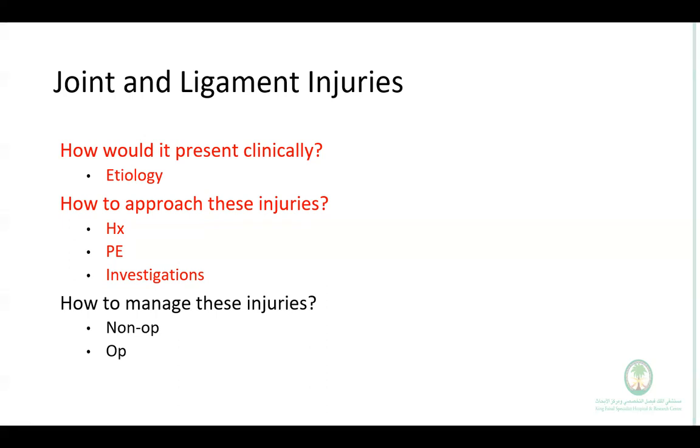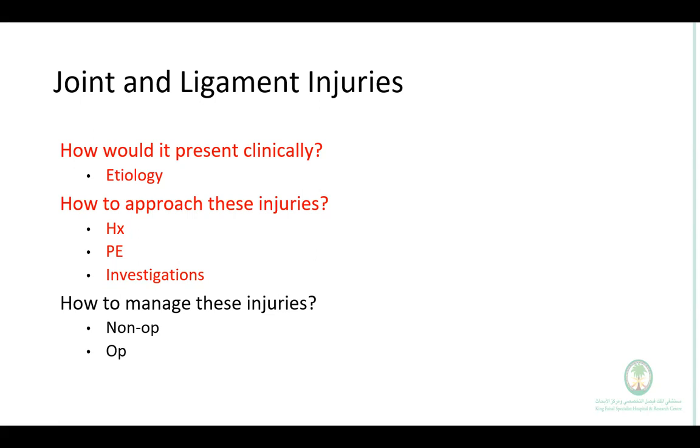So the way a joint or ligament injury presents depends on the etiology, and in trauma it's very acute. Now things overlap with the previous lectures that we gave, like approaching MSK trauma. You do the history, you do the physical examination, you have the main differential in your mind, and then you rule in and rule out based on what you're suspecting.